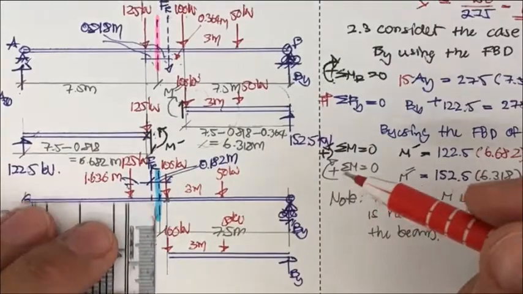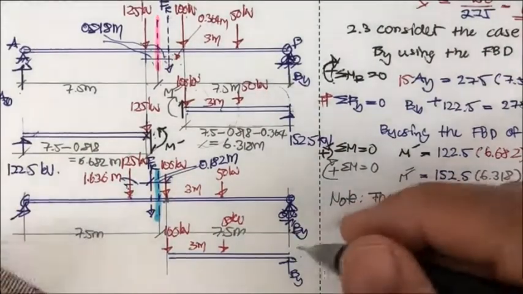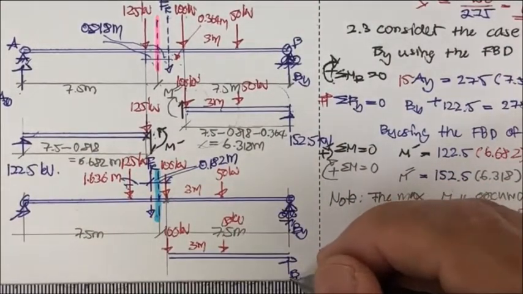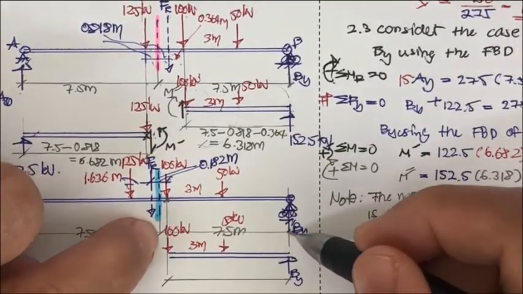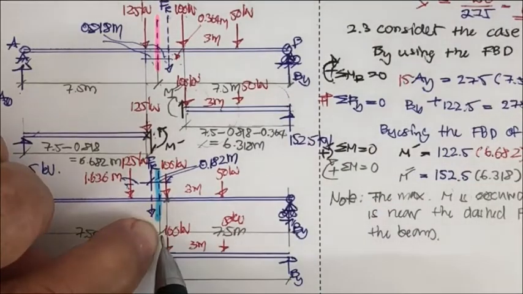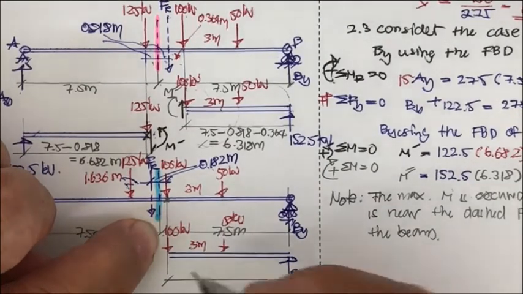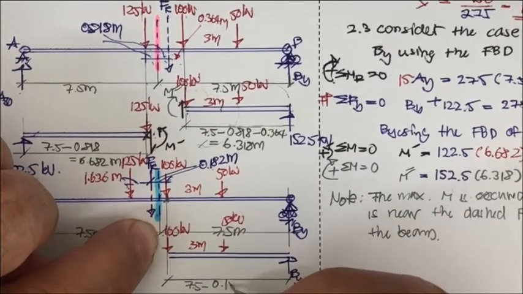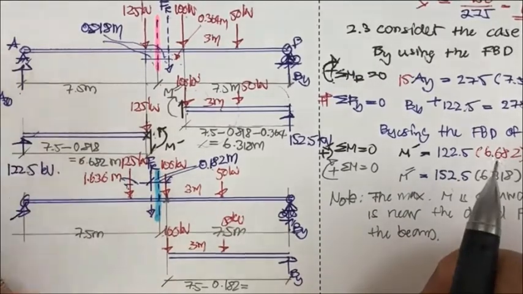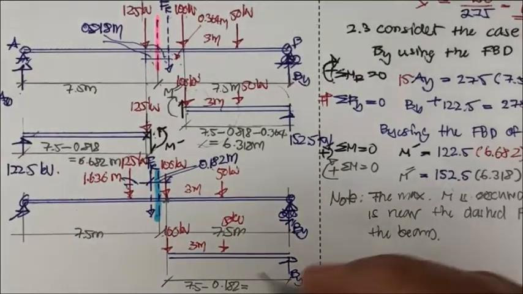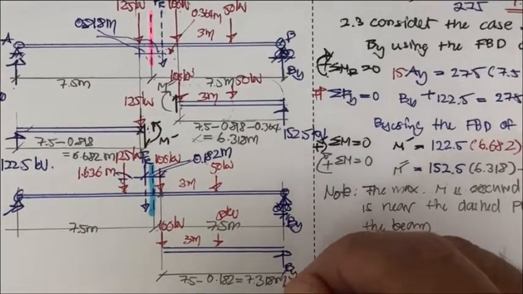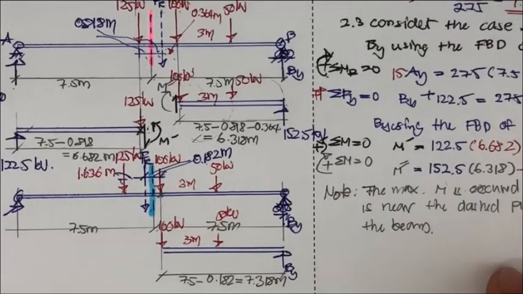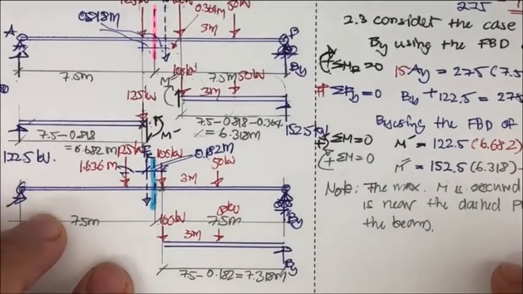Okay, so the length of this segment from here to here is 7.5, and this one is 0.182, so it's going to be 7.5 minus 0.182, and then you may get 7.318 meter.